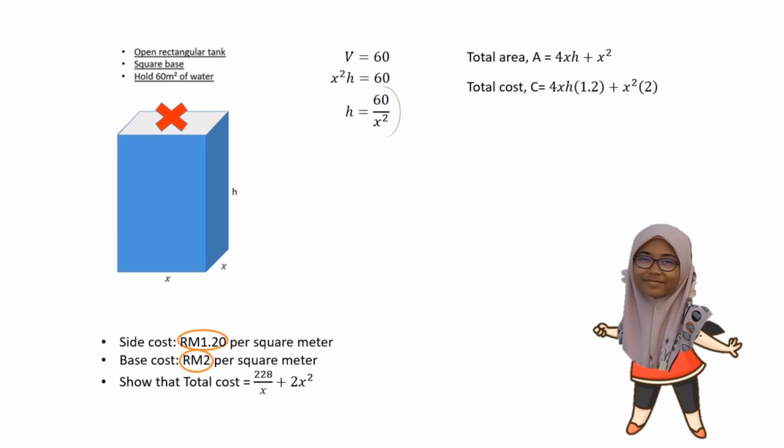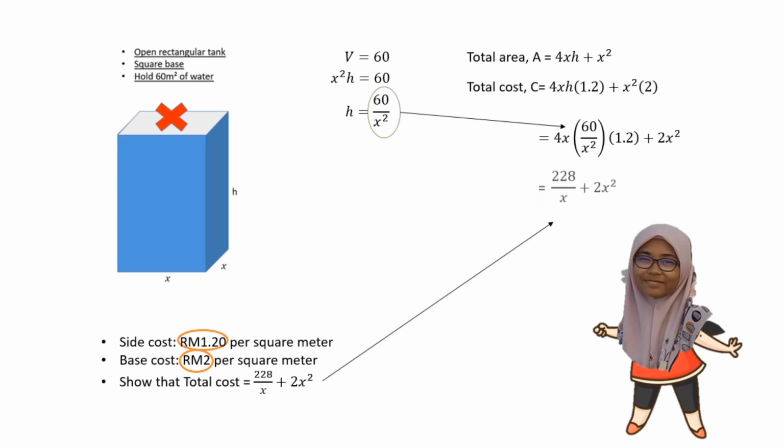Later, we can express C in terms of x, with C equal to 4x times 60 over x squared times 1.2 plus 2x squared. We solve it, then we get 288 over x plus 2x squared.